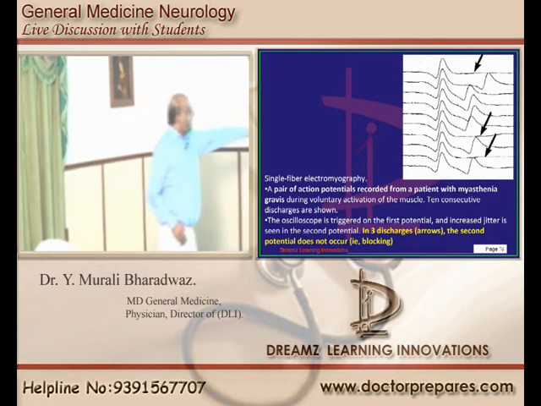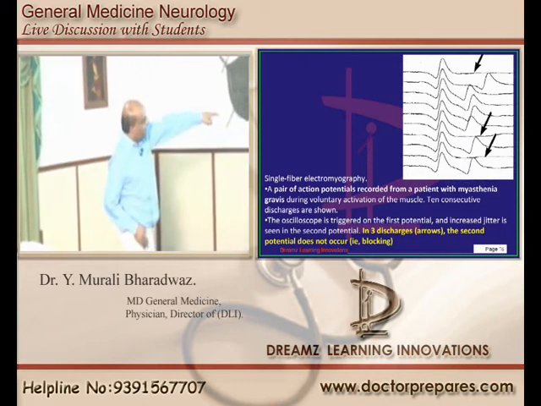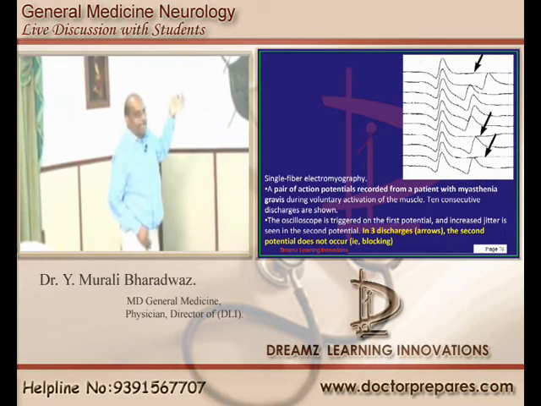So you can see that in these three places, the repeated nerve stimulation is not causing a muscle potential. The muscle's action potential is blocked, which is basically demonstrated.